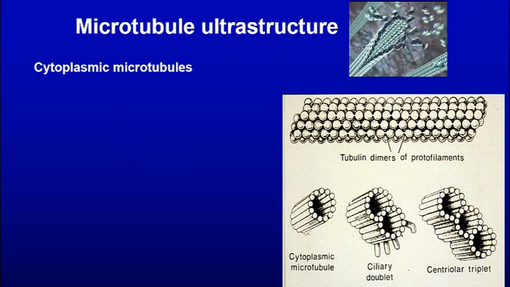And so microtubule ultrastructure, as we can see, you have this alpha and beta tubulin that is coming together to make a tube, and so we see the alpha beta dimer. Each one of these are dimers, and each of these go together to make one microtubule of 13 protofilaments.